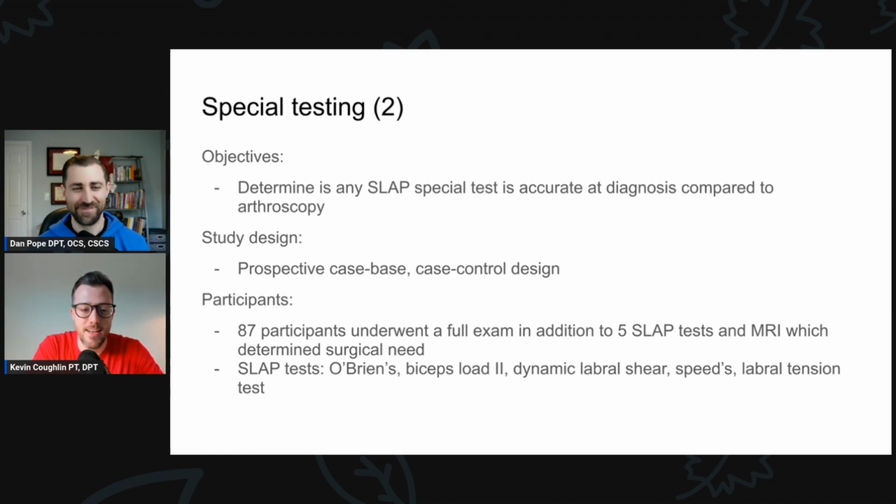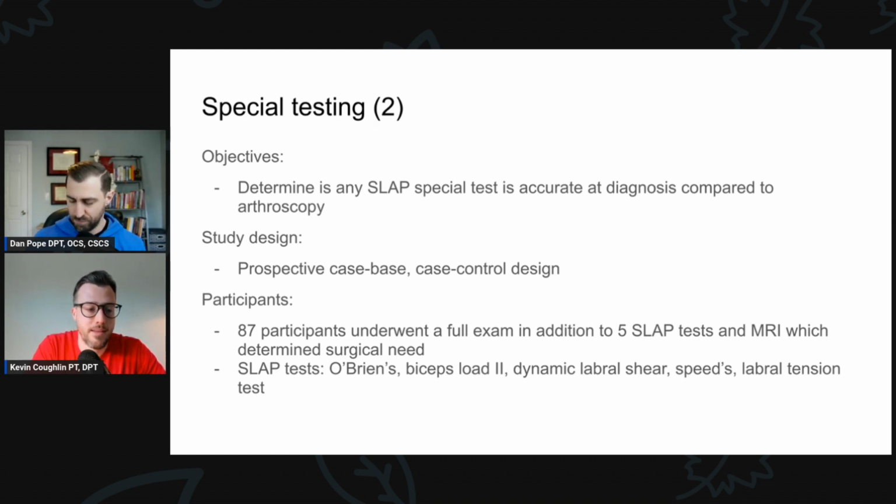Anyway, they all gave their consent, and there were 87 participants who underwent a full exam in addition to 5 special tests for SLAP tears. These included the O'Brien's compression test, the biceps load 2 test, the dynamic labral shear test, the Speed's test, and the labral tension test. If the physician performing the exam and the special tests felt that it warranted an MRI, they proceeded to do an MRI.